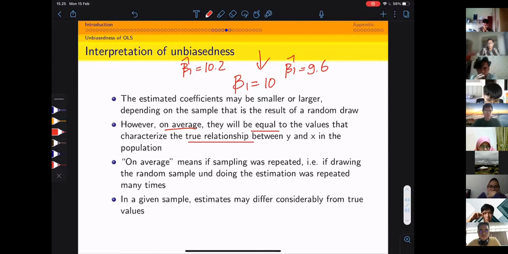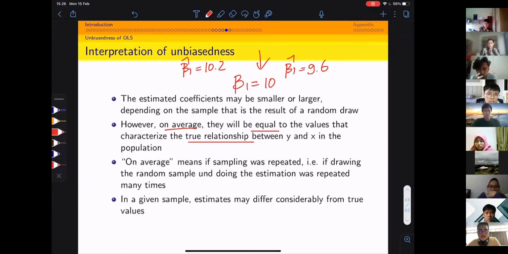Again, unbiasedness is a very important feature in mathematical statistics, and hopefully you get an idea of unbiasedness. Getting a value that is different from the true value in the population doesn't mean that it's biased.